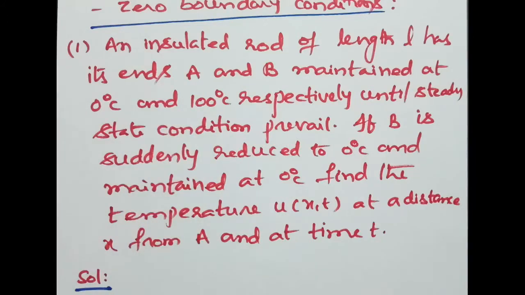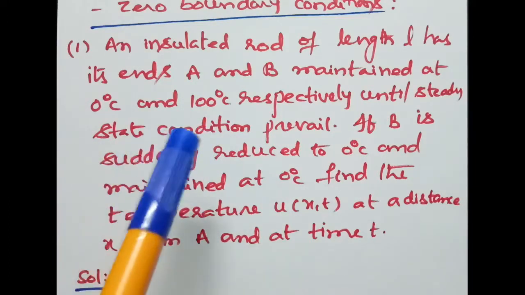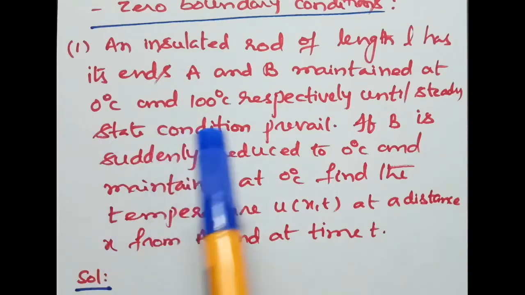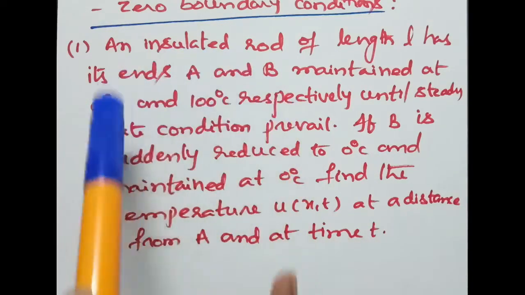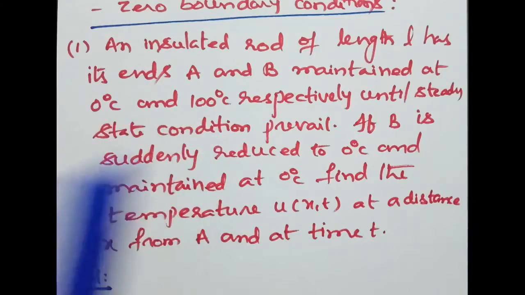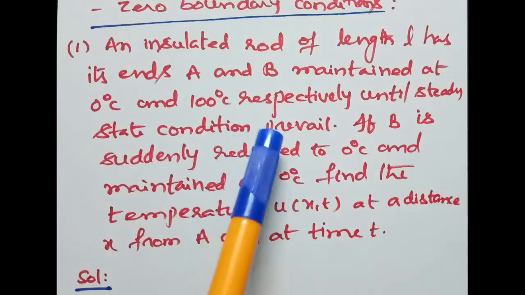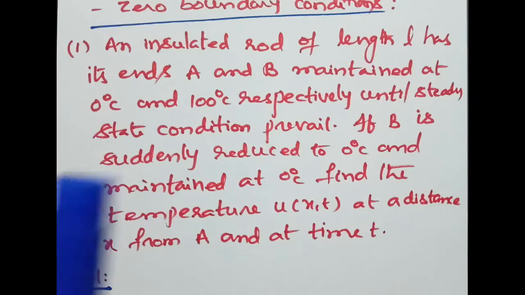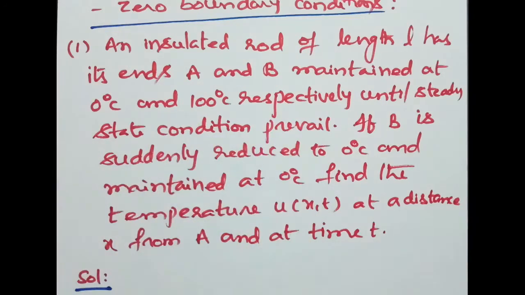Now what is the temperature in the steady state? We have to find it because it does not depend on time. In the steady state, temperature does not vary with respect to time. So we have to find the temperature u of x in the steady state.